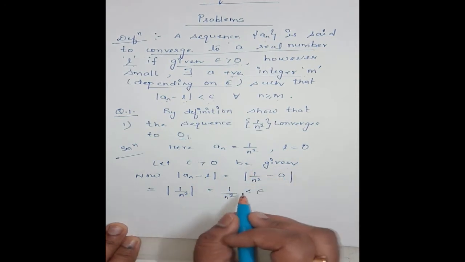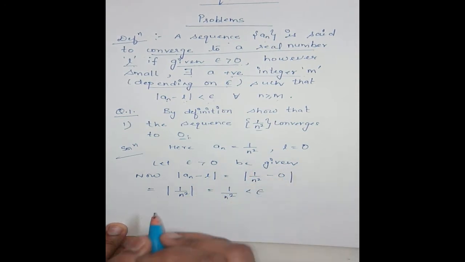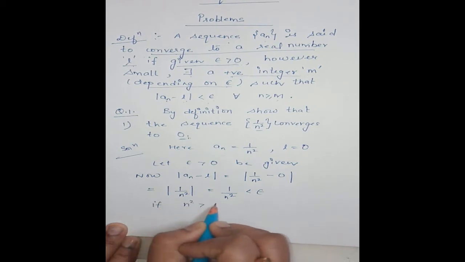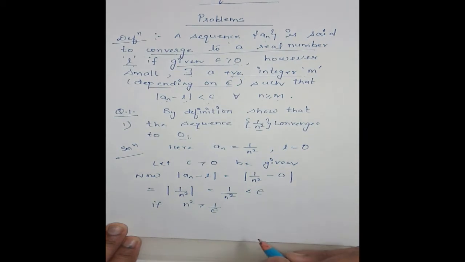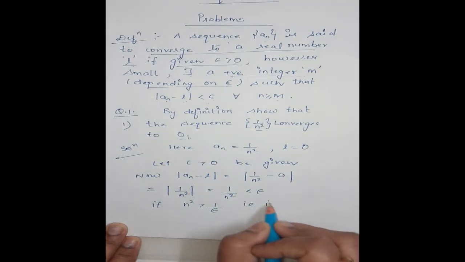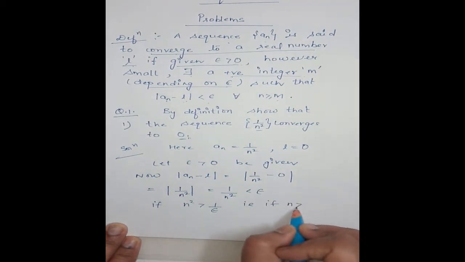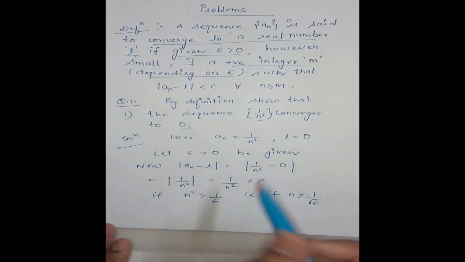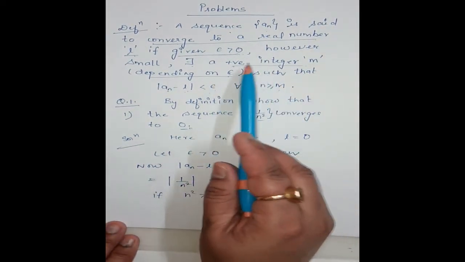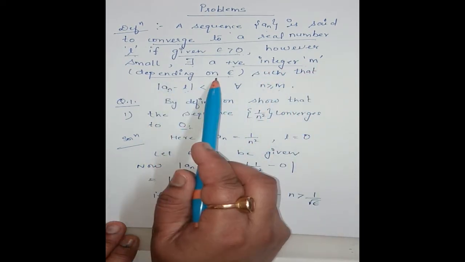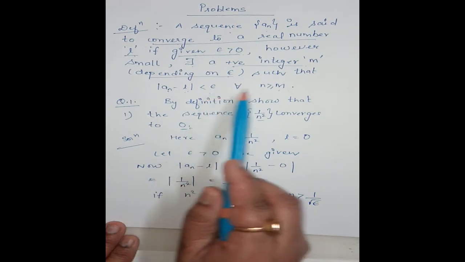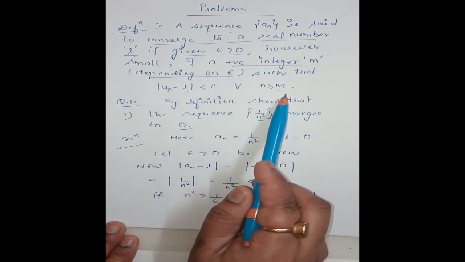Now 1/n^2 is less than epsilon if n^2 is greater than 1/epsilon. That is, if n is greater than 1/root epsilon, I can write like this. Now we want to find this positive integer m which depends on epsilon such that |a_n - L| < epsilon for all n greater than or equal to m.